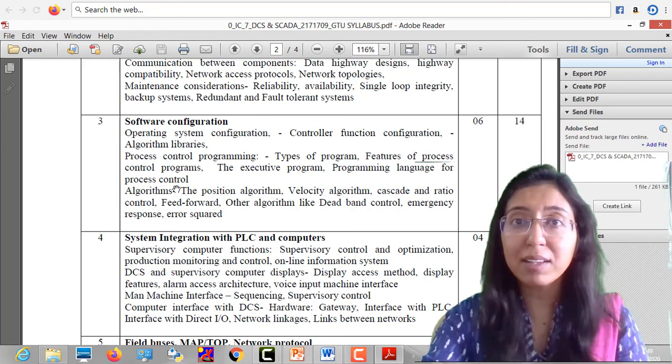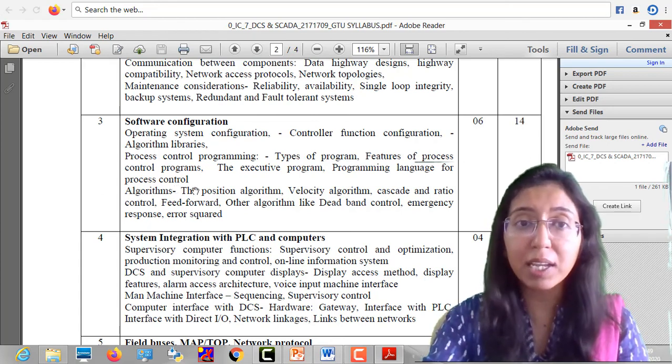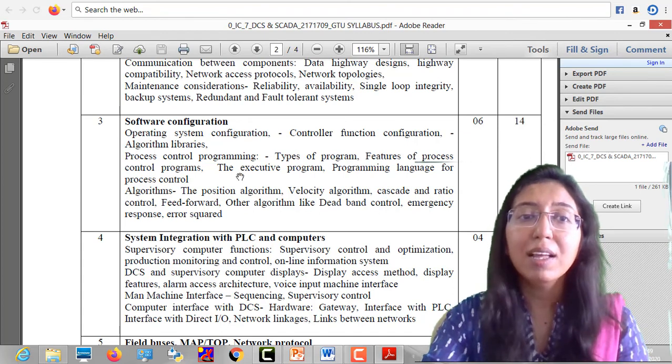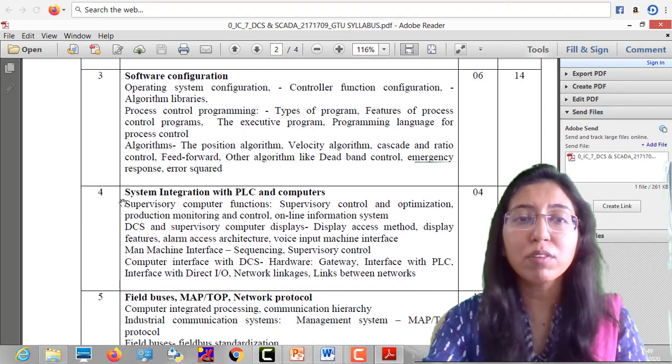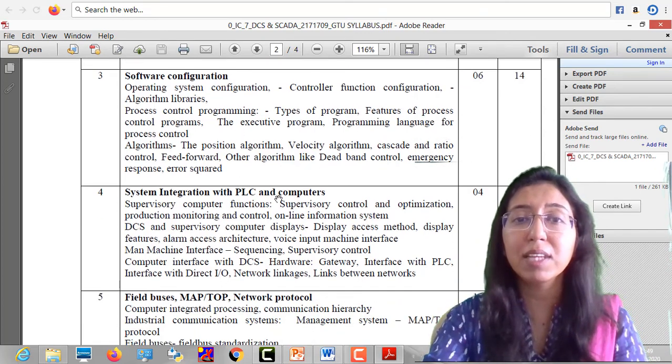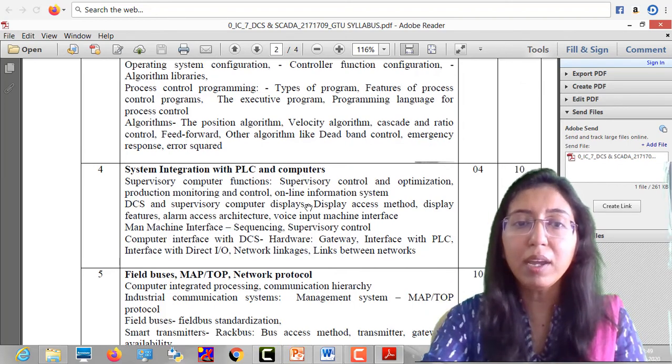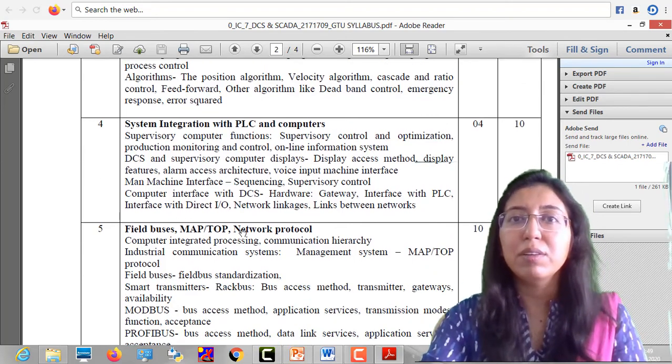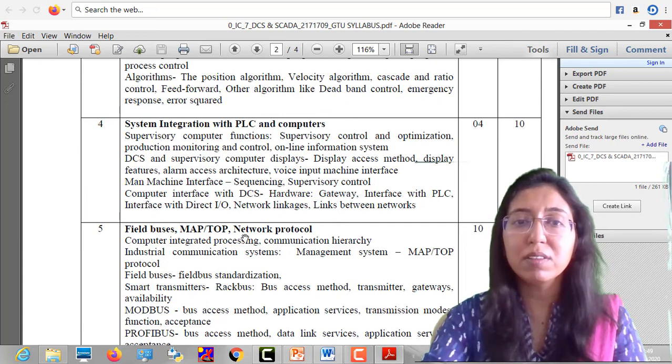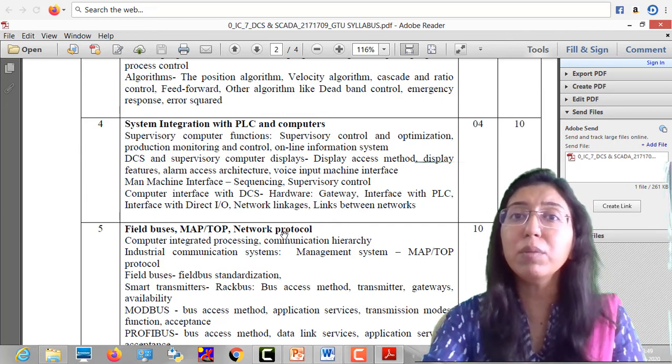The next and last topic of chapter 3 is algorithms. Then after I will discuss system configuration with PLC and computer, and then we will study field buses and MAP and TOP network protocol.